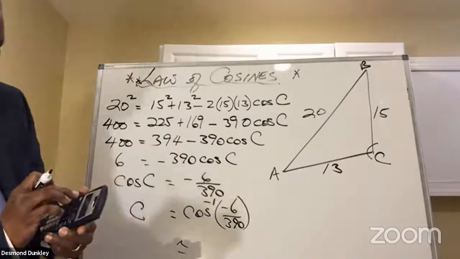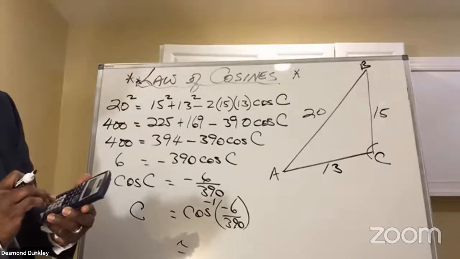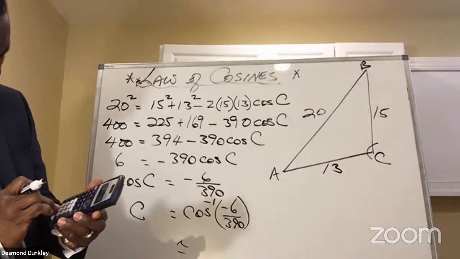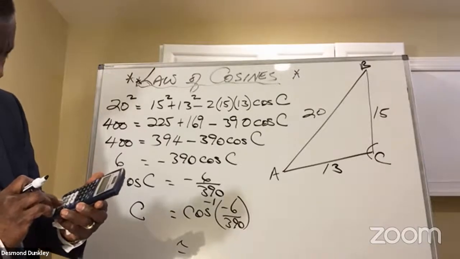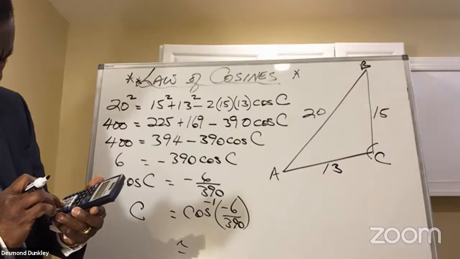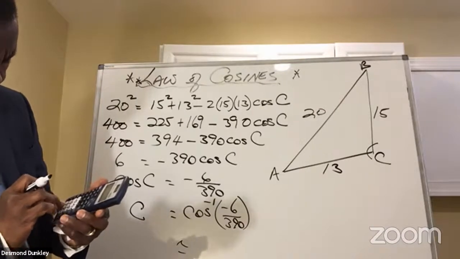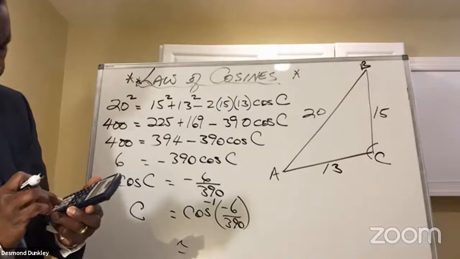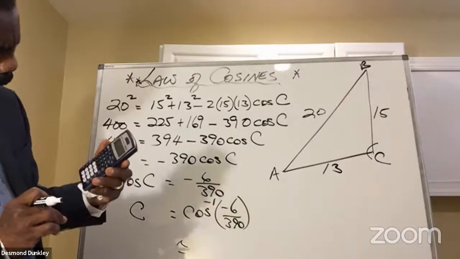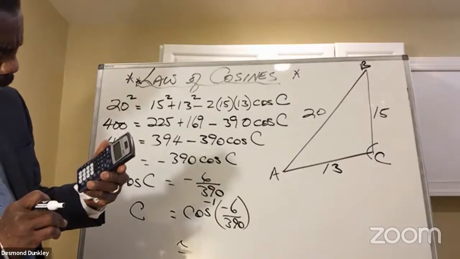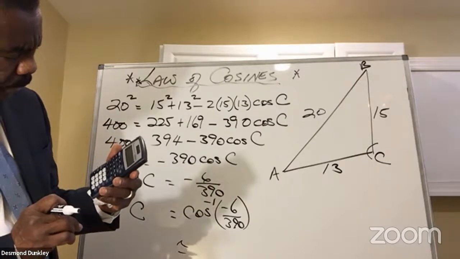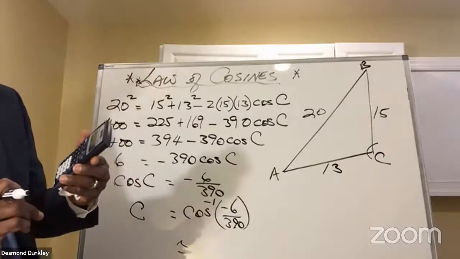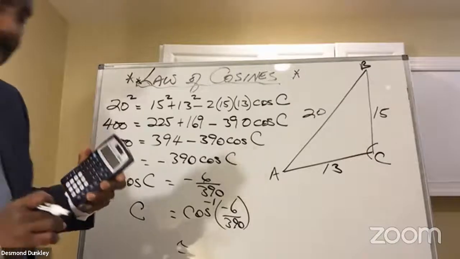Second cosine of negative 6 divided by 390, those parentheses, and we end up with 90.888, or roughly call it 91 degrees.